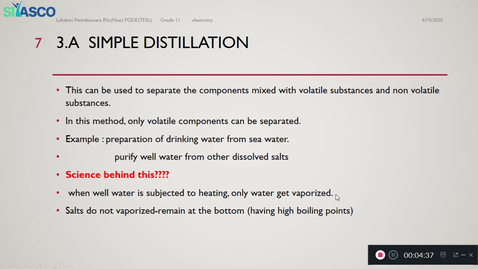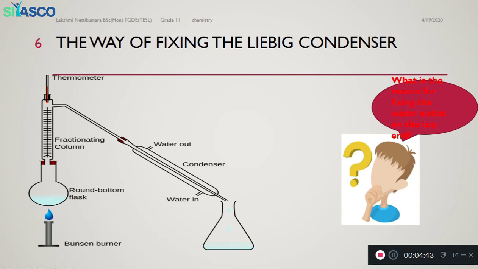Now let's move on. Again I would like to draw your attention here. In this round bottom flask you have to put the mixture that you want to distill or to separate the constituents. And here, using the Bunsen burner, you provide heat. What will happen here?